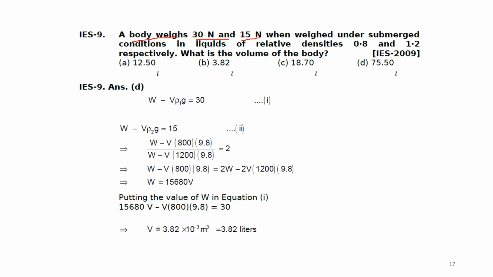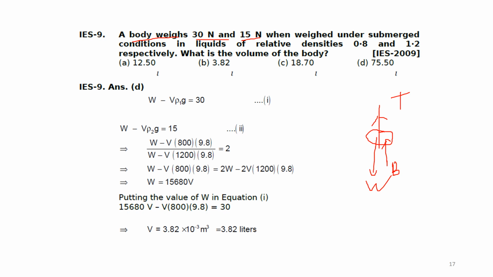Suppose this is the first body with weight W. There is tension, and the buoyancy force B will act. This is the equation we have to use. W minus B is equal to this.